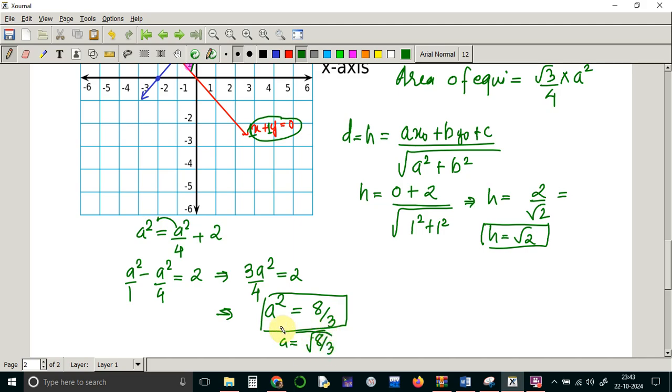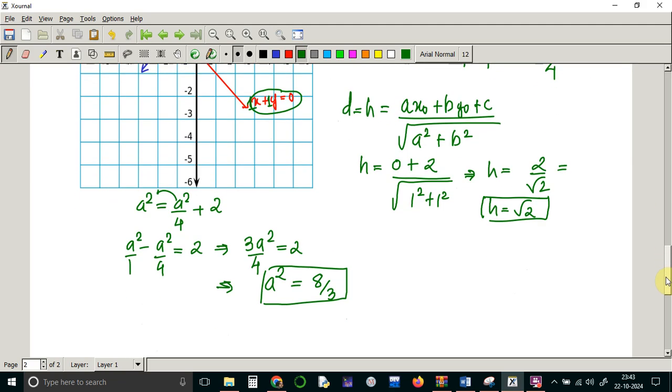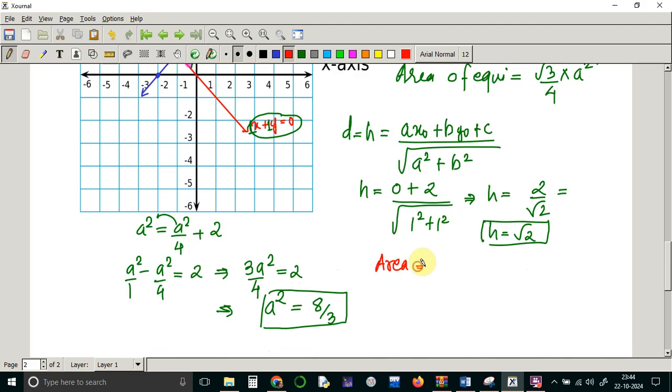Let's not find the square root of this, because the area of equilateral triangle contains a square. Now we got a square. So area of that pink shaded triangle is root 3 by 4 into 8 by 3.